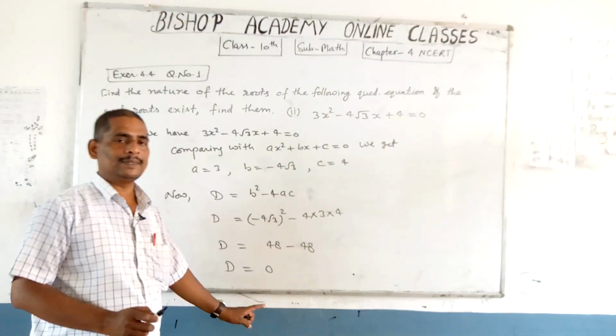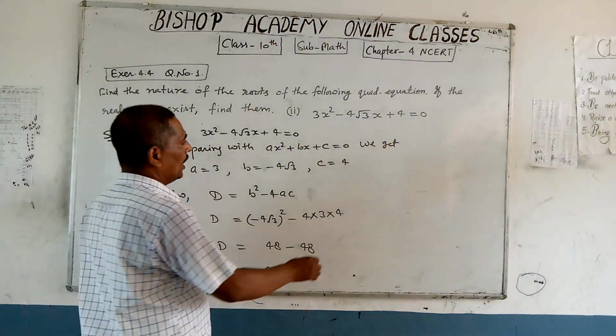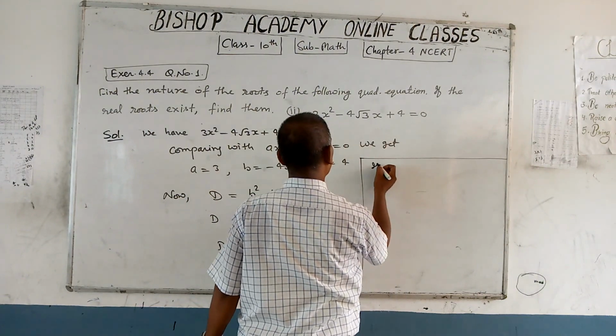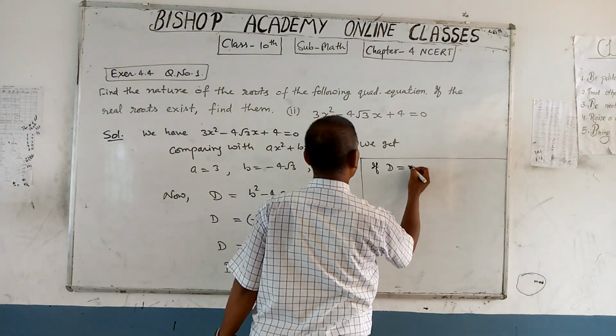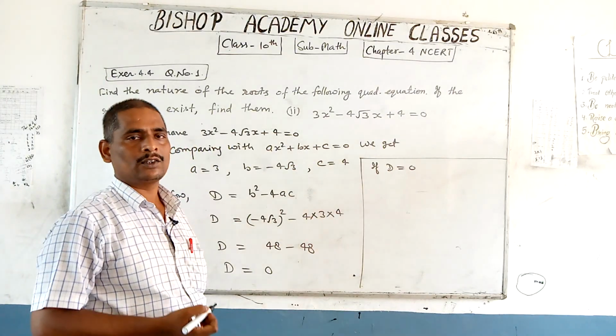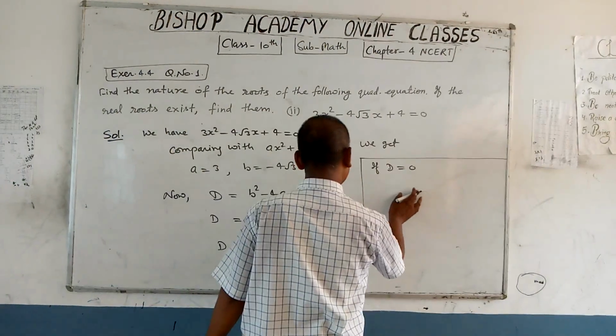You got D is equal to 0, the discriminant is equal to 0, and you know that, my dear student, if D is equal to 0, the roots of the quadratic equation are real and equal.